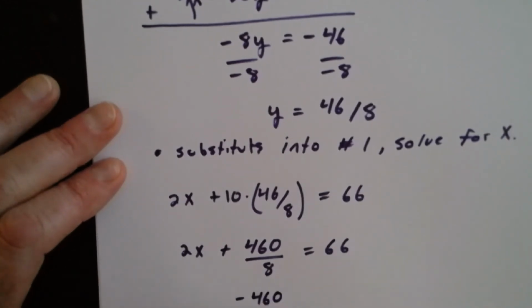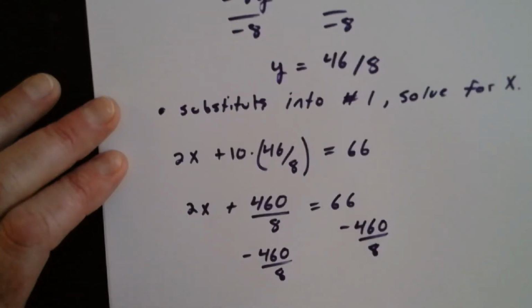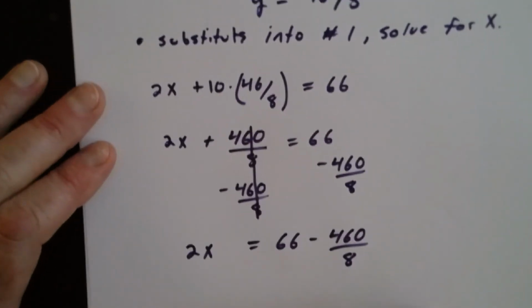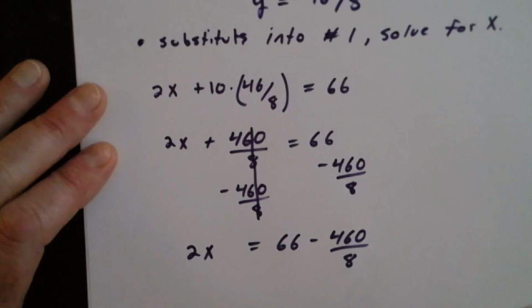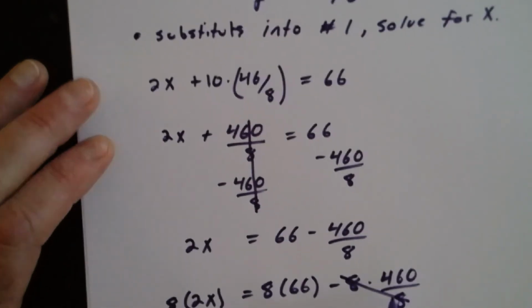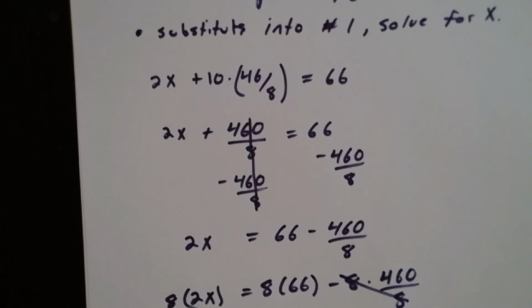Minus 460 over 8, minus 460 over 8, and we have 2x is equal to 66 minus 460 over 8. We have to get rid of the denominator, so we multiply everything by 8. So 8 times 2x is equal to 8 times 66 minus 8 times 460 over 8. Those cancel out. So 8 times 66 is what? Somebody do that calculation. Oh, never mind, I got it.